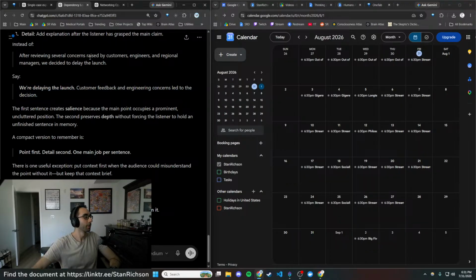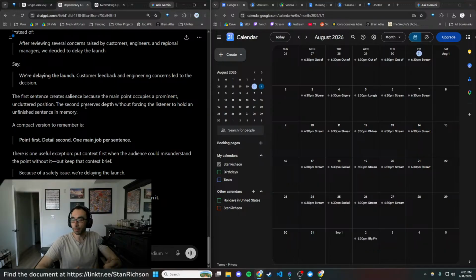Okay. And so this is something that I probably could do also, like towards what you just said, that this is probably something that would be helpful for me to incorporate in our discussions here. So the first sentence creates salience because the main point occupies a prominent, uncluttered position.